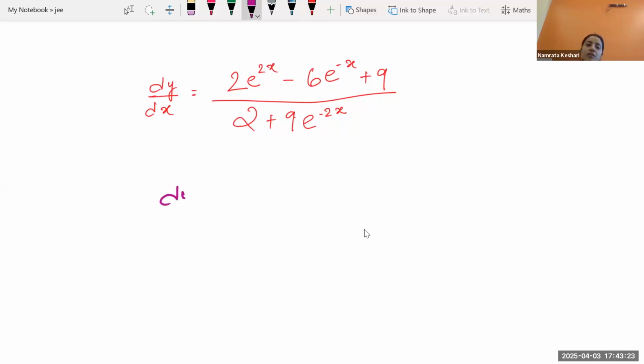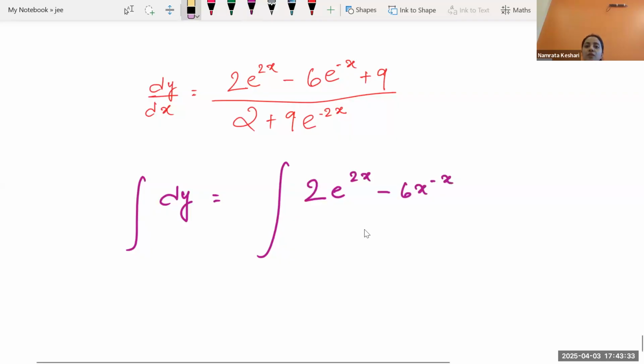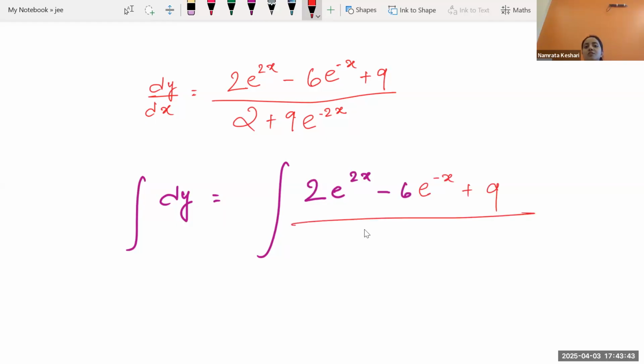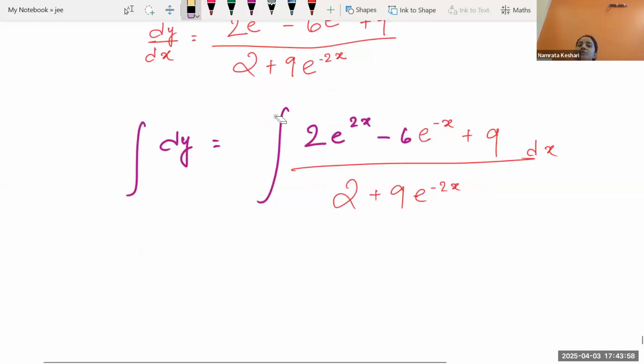It looks like variable separable, right? We don't have to do anything over here. We can take the integration of this side, integration of that side, and we will be able to find the solution if this integration is possible, right? Yes. We can see all our x, so we don't even have to separate, it is already separated. So this is what we are getting now.